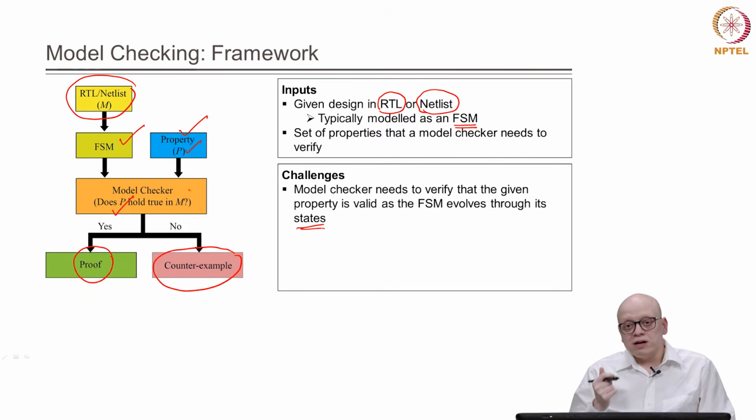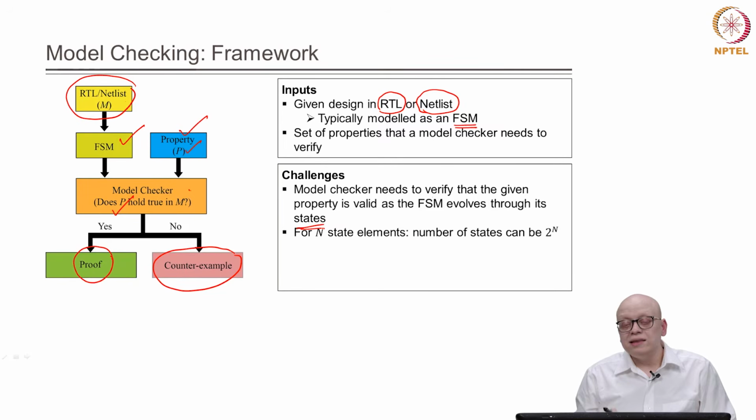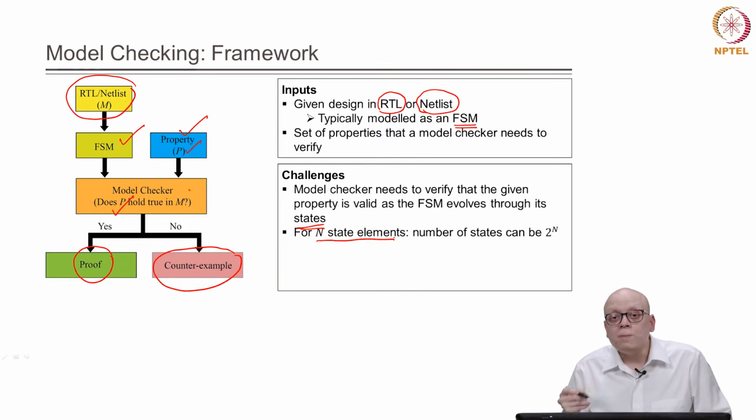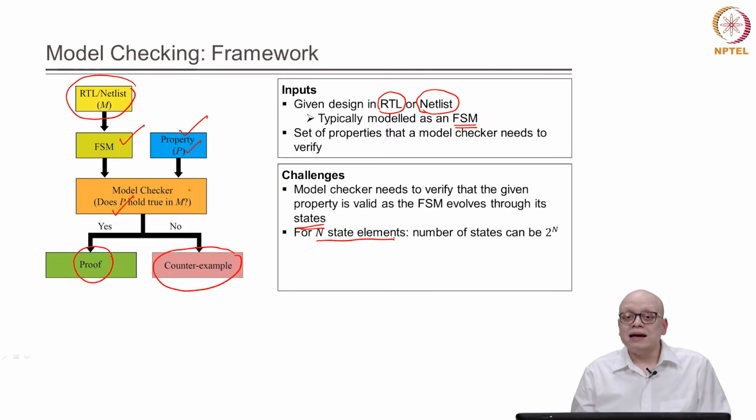Now, the problem is that the model checking tool needs to verify that this property P should hold for that FSM for all the states. Given that our design contains n state elements or flip flops, the number of states can be very huge. It can be 2 to the power n.